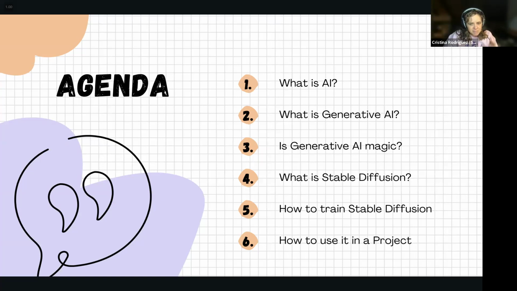It's very easy. If you have a little knowledge of Python, it's not that much. Python does almost everything for you, I promise. And then how to use it in a project, meaning how to convert that to an API that you can connect at any moment in any project. I hope that you find this whole workshop useful.